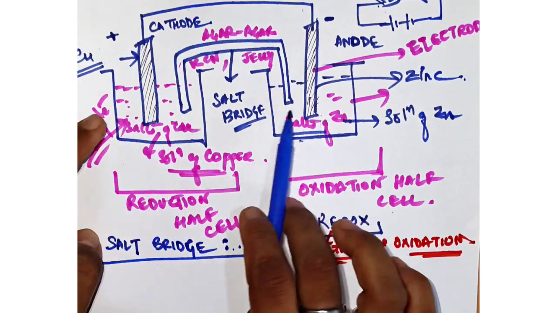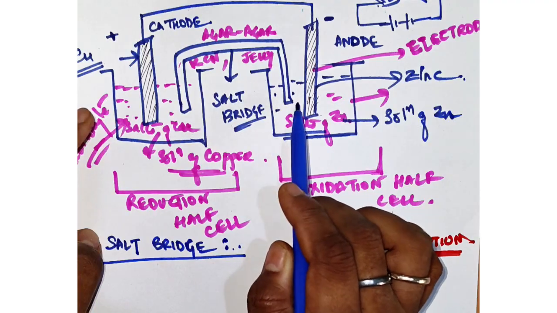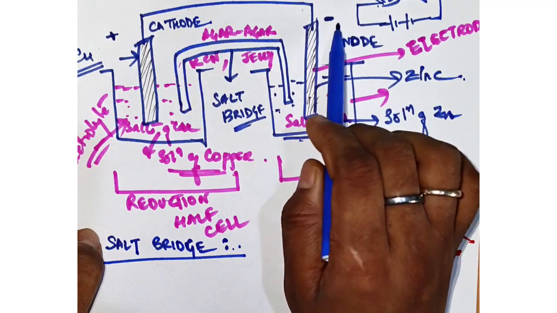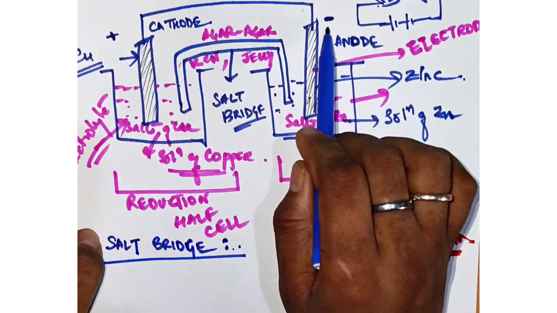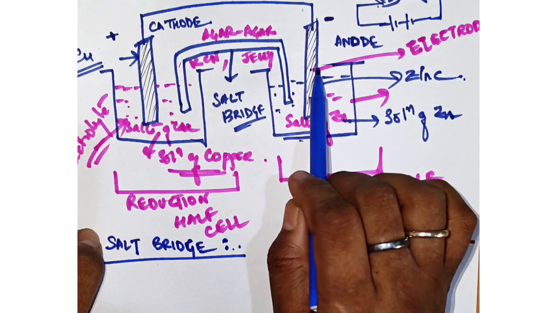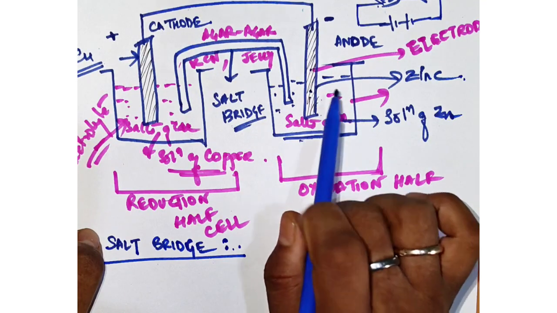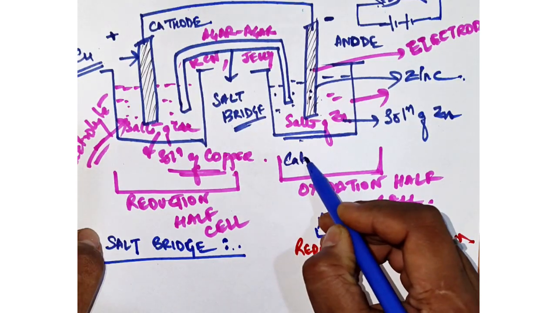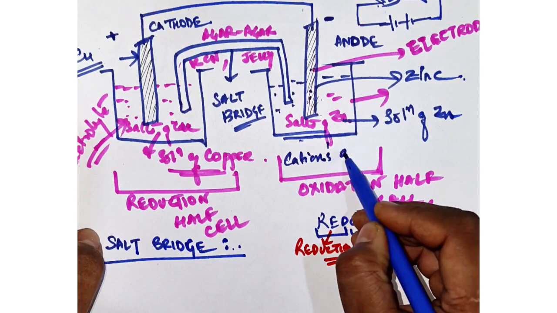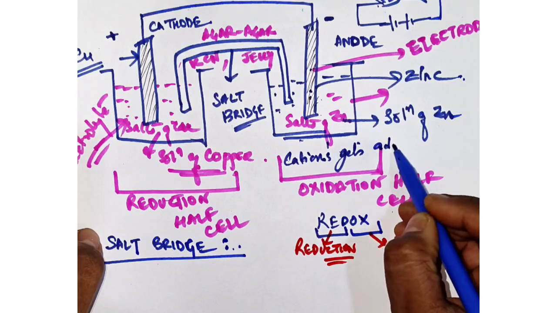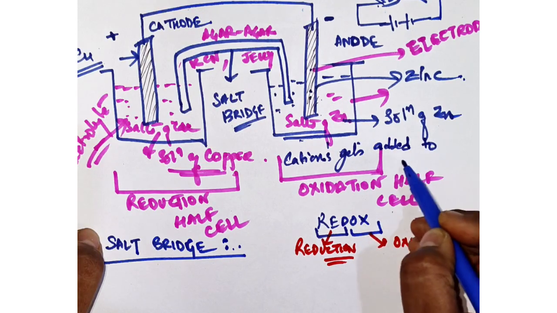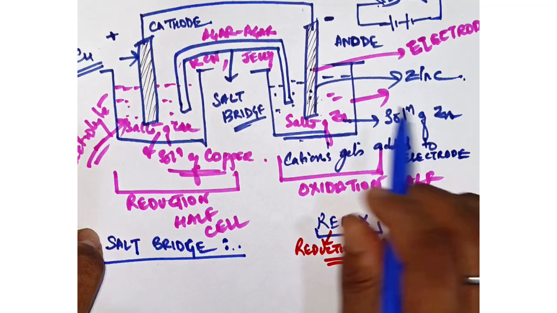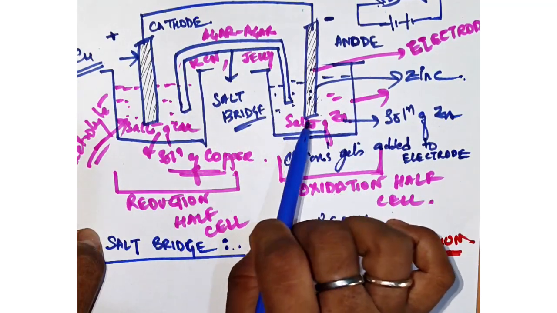Okay, so what happens when the electrical current flows? The anode is said to be minus. Why? Because cations come and get added to this electrode, because electricity is passed through it.